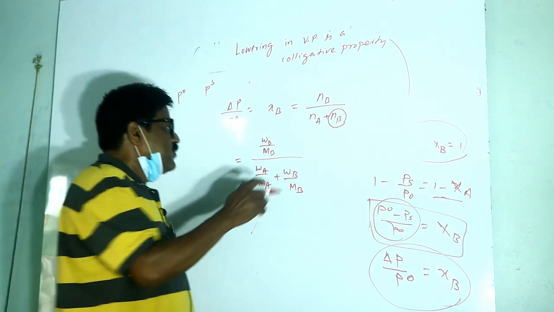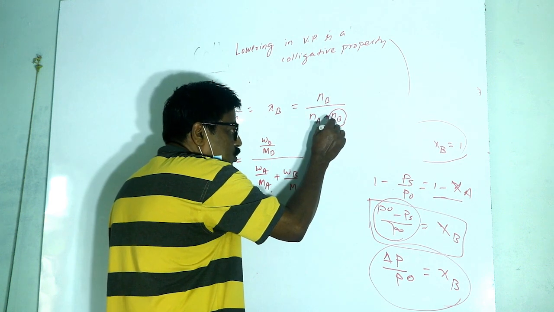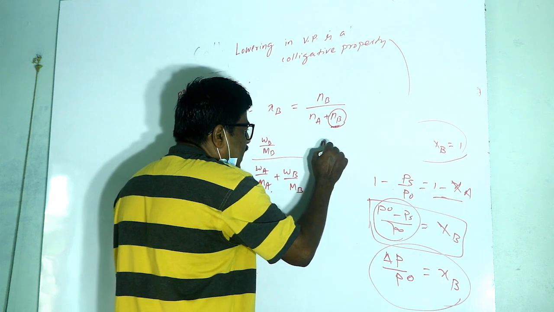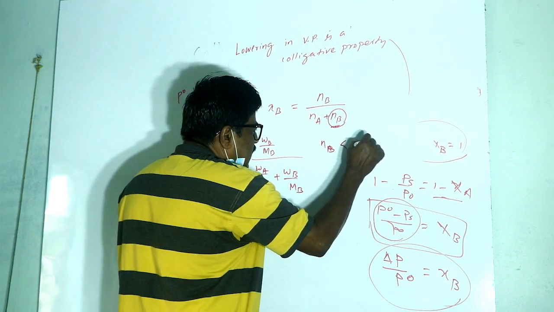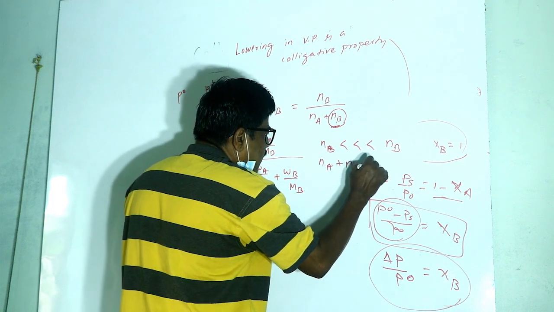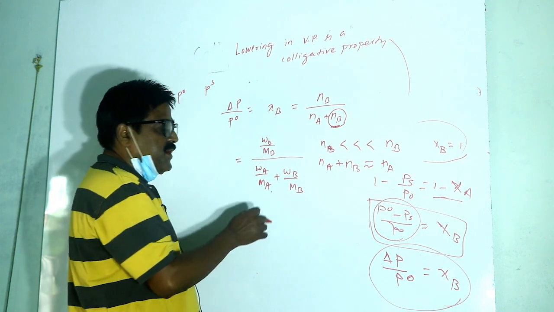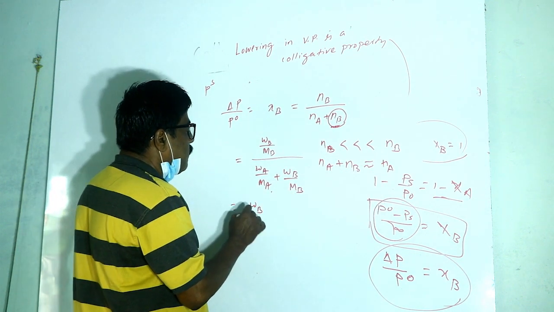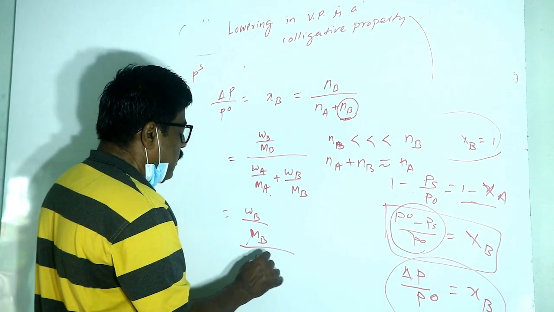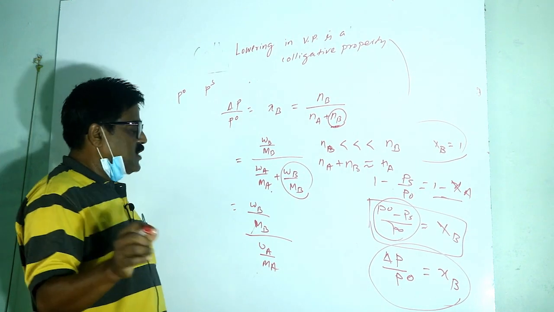In that case, the number of moles of the solute is negligible compared to the number of moles of the solvent. So Nb is very much less than Na. Therefore, we can say Na plus Nb is nearly equal to Na. In this case, what happened here? Wb by Mb divided by Wa by Ma, it is negligible, tends to 0.